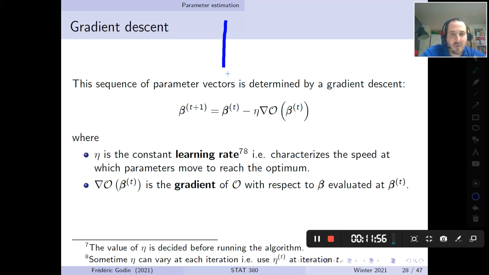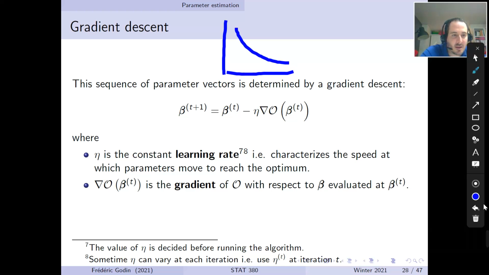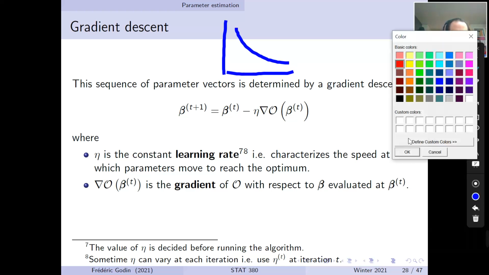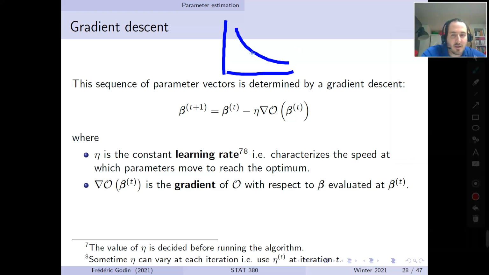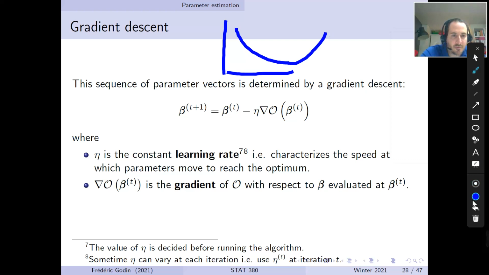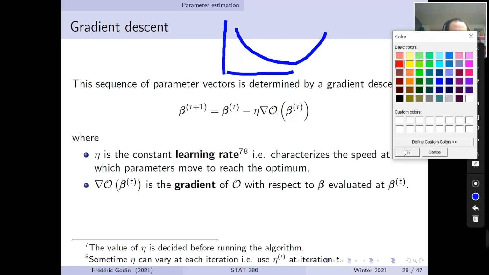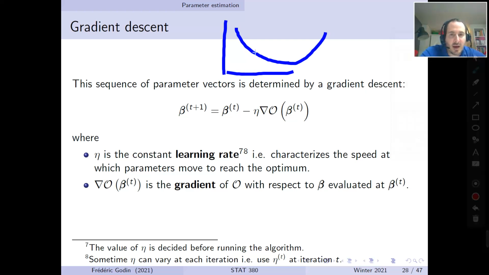If you have a function like this and you want to minimize it, every time you're at a given point x, let's say you start here, the idea is to look at the gradient, and the gradient will tell you in which direction to go.